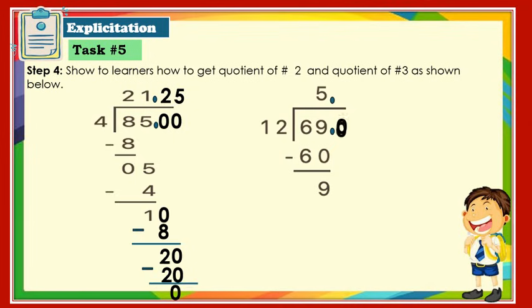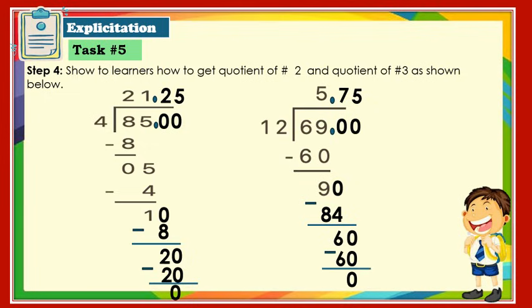Then 90 minus 84, we have 6. And then another 0 in our dividend, bring it down again to make it 60. How many 12s are there in 60? We have 5. 5 times 12 is 60. Then the remainder is 0. And the final answer is 5 and 75 hundredths. That makes it the final answer. Okay?